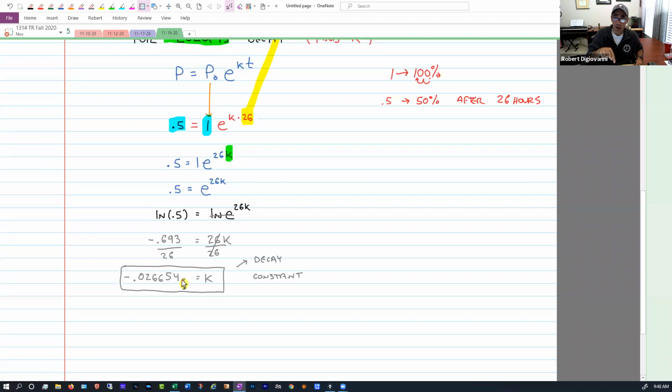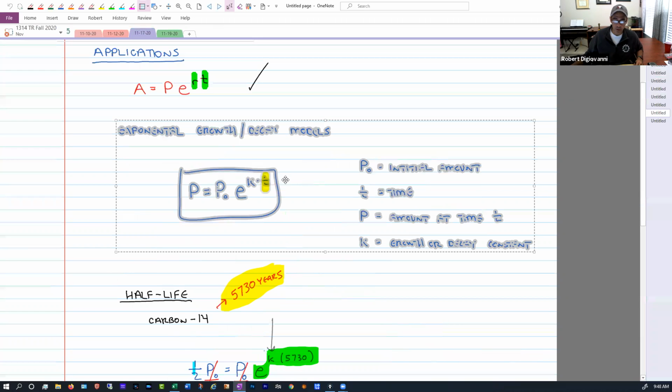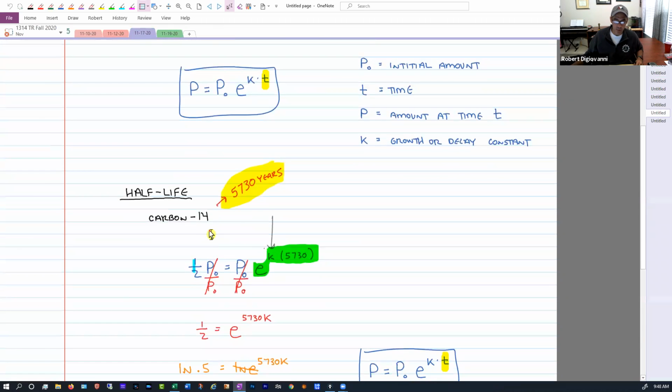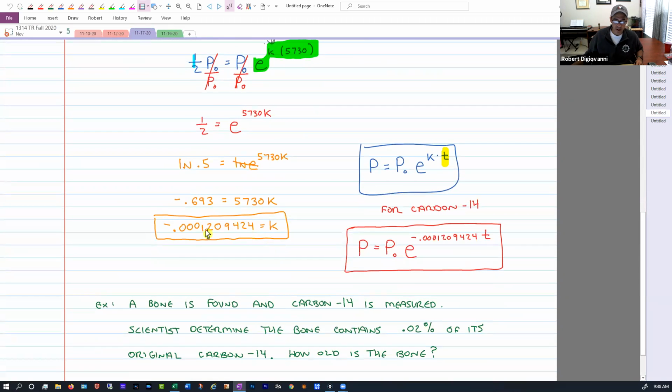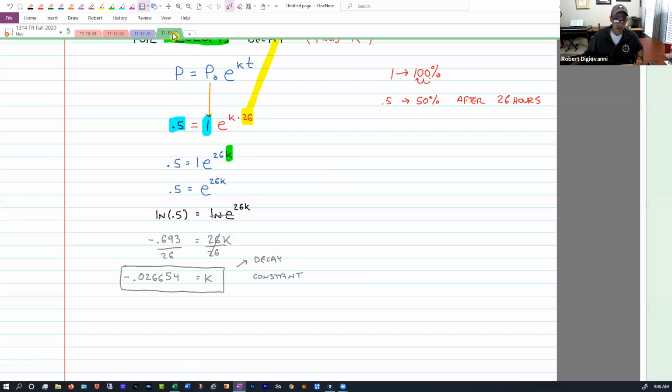So this is Zoloft's decay constant. If you look back at last class when we were doing the carbon dating, carbon 14, we went through this same exact sort of process, and we found the decay constant to be this. That's what we did last class. So this time we have a different decay constant.